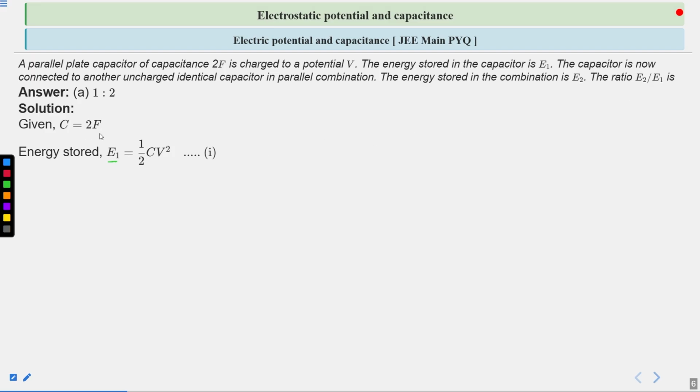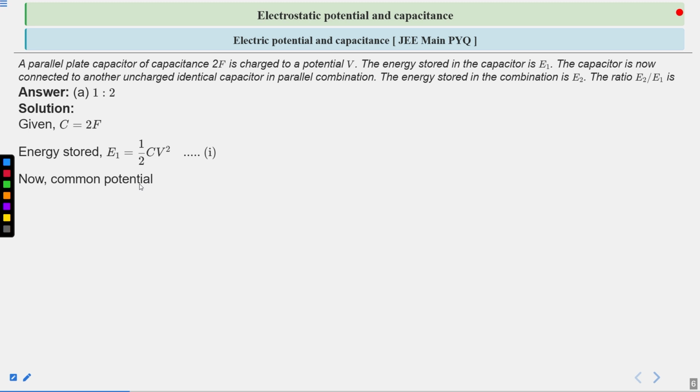You have to solve till the last, and if it is required to put the value, then you will put it. So E1 is equal to half CV square. This is the energy stored in the capacitor initially. Put it as equation 1.